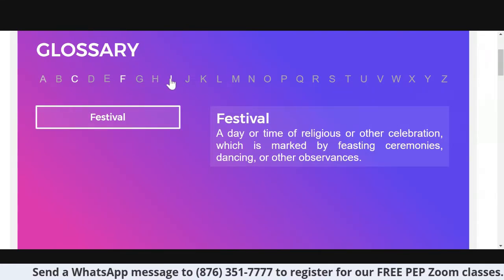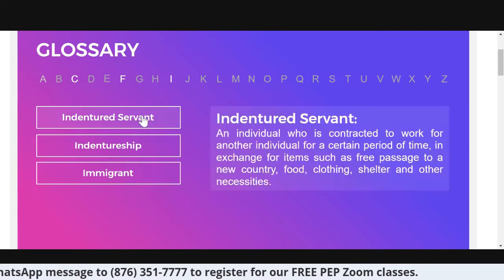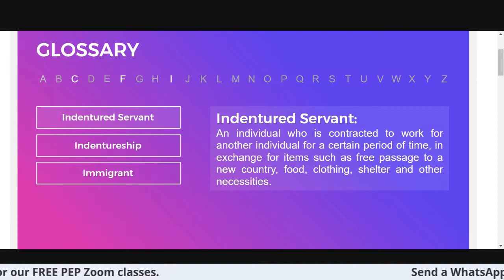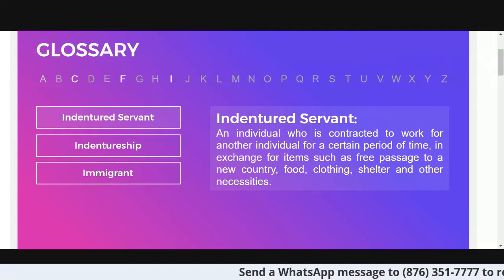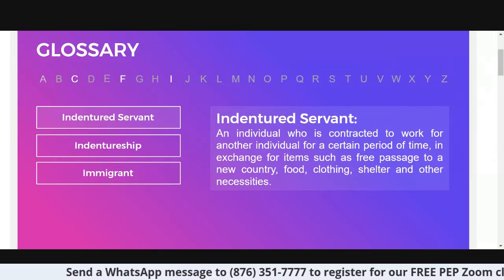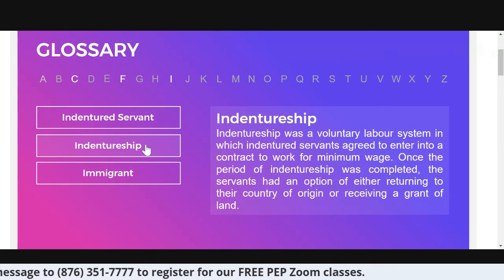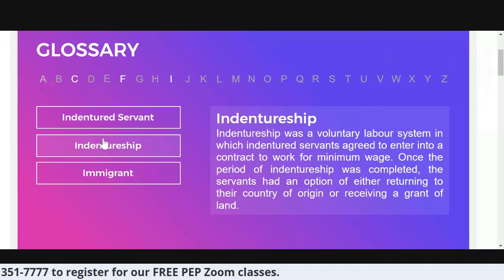That's festivals. And for I, we have indentured servant, an individual who is contracted to work for another individual for a certain period of time in exchange for items such as free passage to a new country, clothing, shelter, and other necessities. Indentureship. And notice our glossary is interactive, so all you have to do is click on the word and it will open up the meaning.